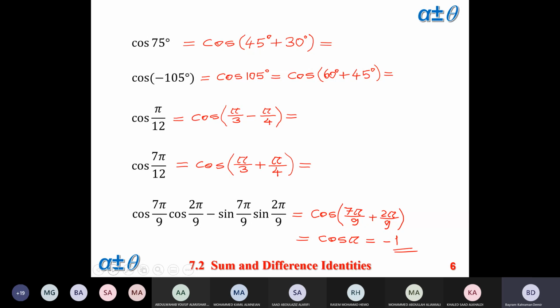So pi over 12 is the same as pi over 3 minus pi over 4. How do you do that? Let's see. Pi over 12. Well, 4 pi minus 3 pi is pi, right, Shabab? Okay, let's divide by 12. Now, do you see that?